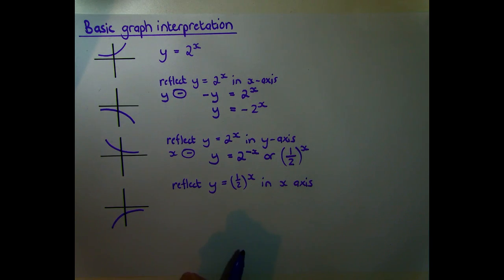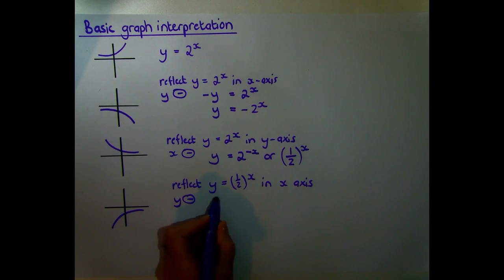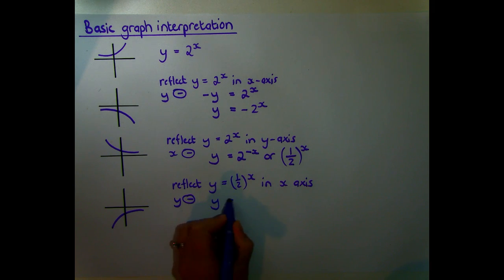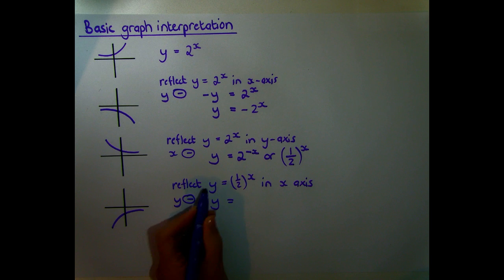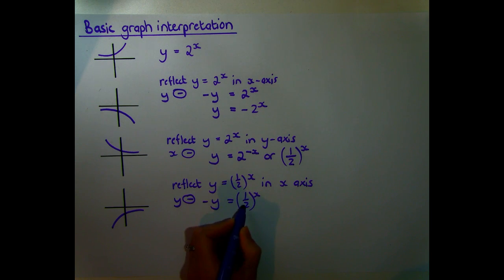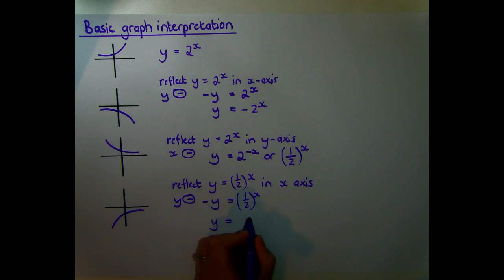Now remember, if you reflect something in the x-axis, then the y's become negative. So the y becomes negative, which means the stuff on the right hand side becomes negative. So it would be negative y equals 1/2 to the x, but now I'm going to move that negative across so that I have y as the subject of the formula, which is how functions work. So that means I have negative 1/2 to the x, and that'll be that one.